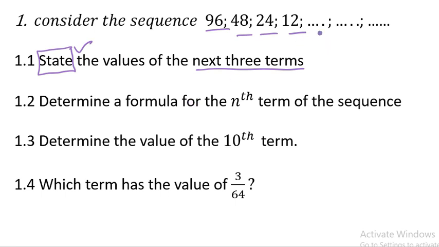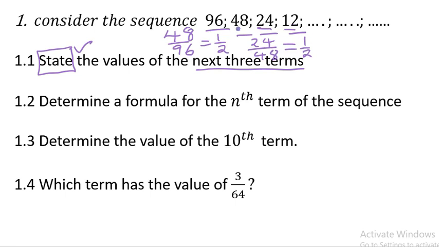Since this is a geometric sequence, we say T2, which is 48, divided by T1, which is 96. 48 divided by 96 gives 1 over 2 when you simplify it. 24 divided by 48 still gives 1 over 2. 12 divided by 24, simplified, still gives 1 over 2.